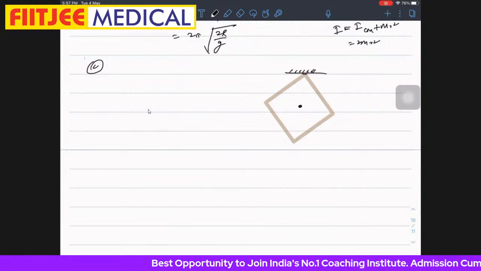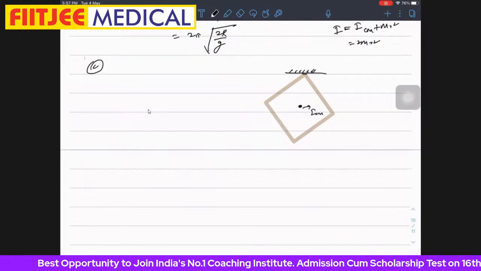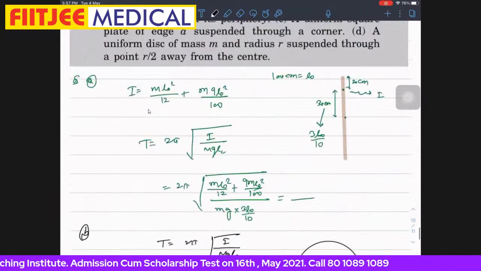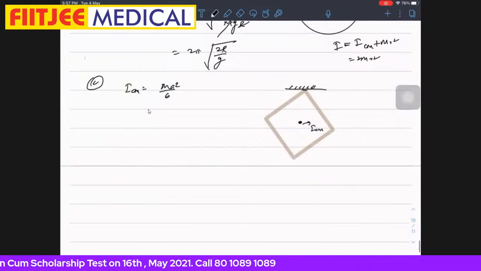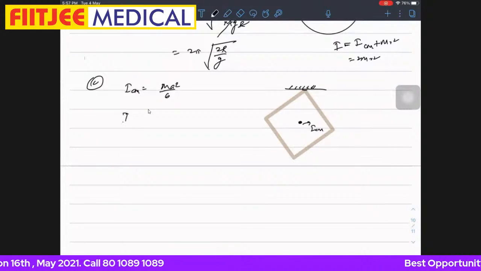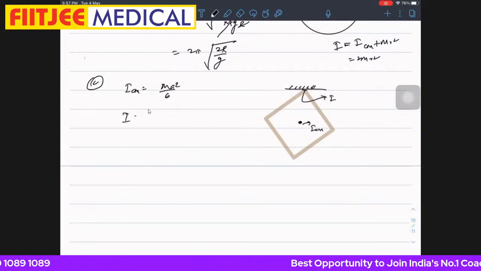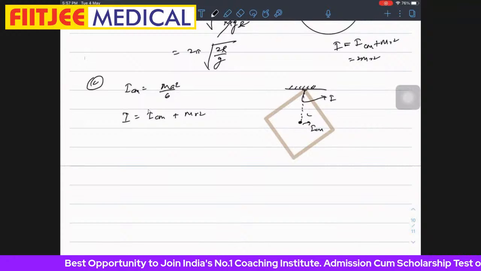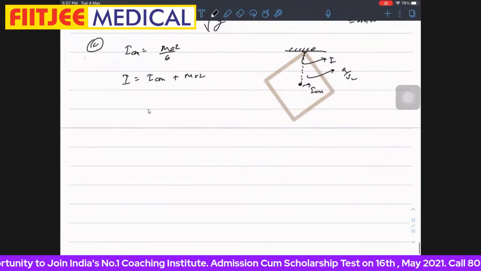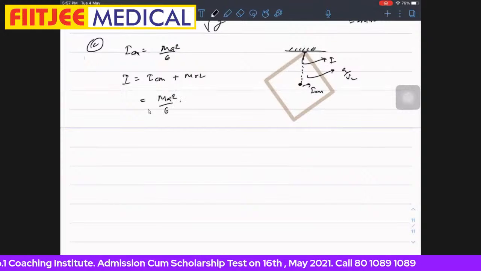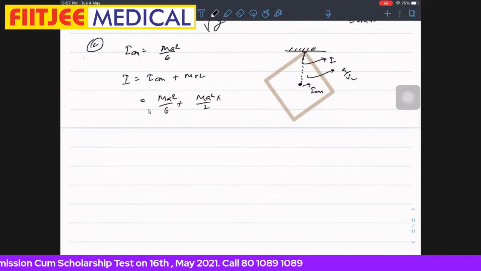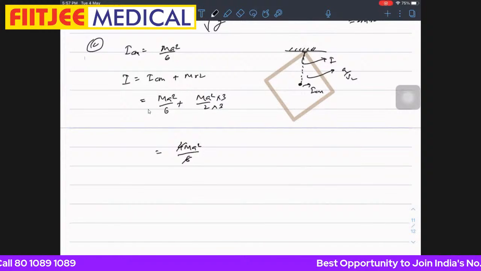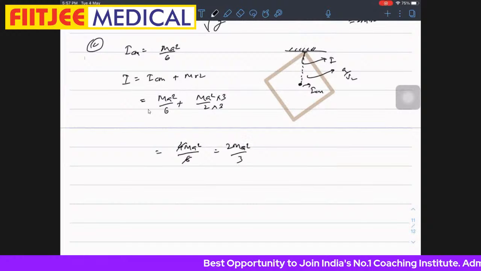Its I center of mass is m a square by 6, where a is the edge. So the moment of inertia about this point is I center of mass plus m r square, where this distance is a by root 2. So m a square by 6 plus m a square by 2, multiplying by 3, gives 4 m a square by 6, so 2 m a square by 3.